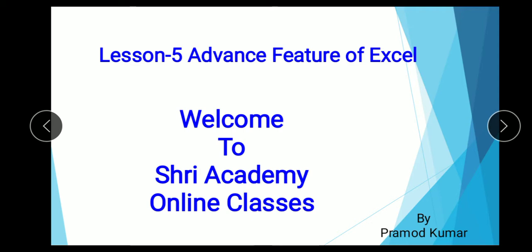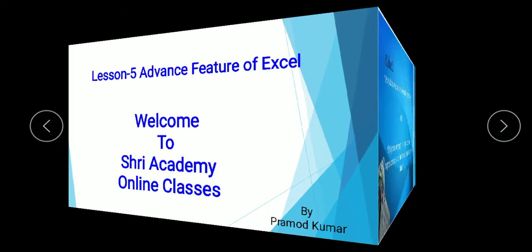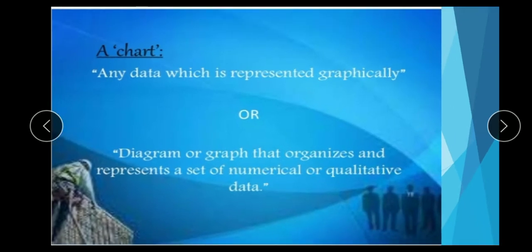Today we will discuss lesson 5, advanced features of Excel. Chart. Any data which is represented graphically. Means a chart is represented graphically, or a diagram or graph that organizes and represents a set of numerical or qualitative data.